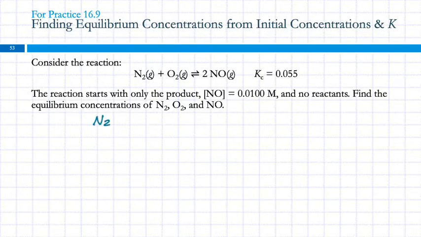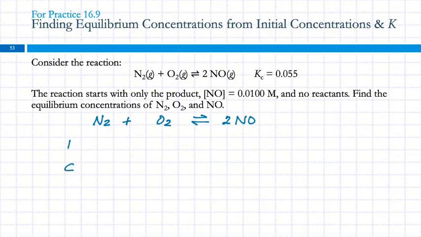So N2 plus O2 in equilibrium with NO. The equation was up there, and so I'm just going to write it down here so I don't get lost. Make sure you copy the equation correctly.